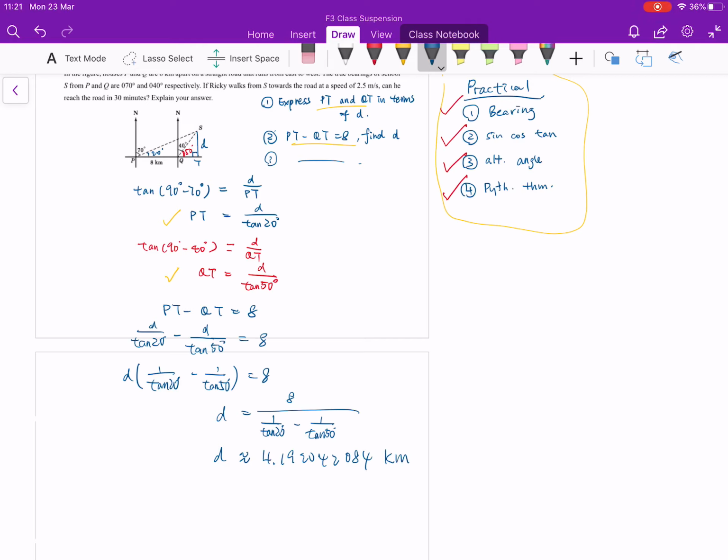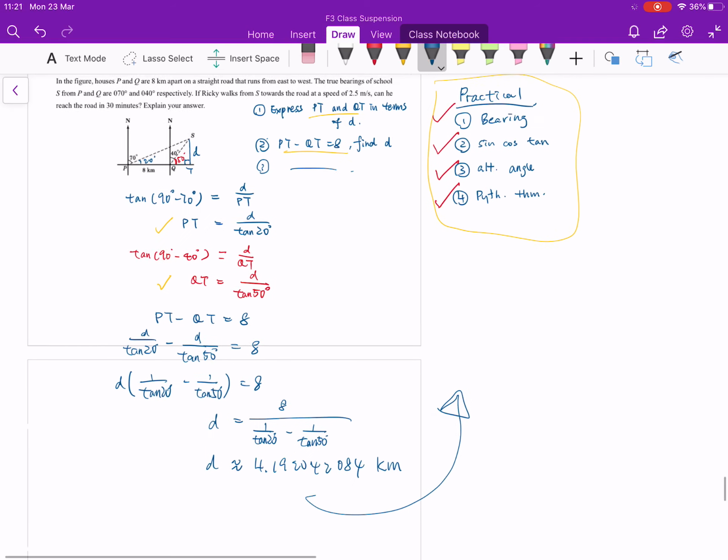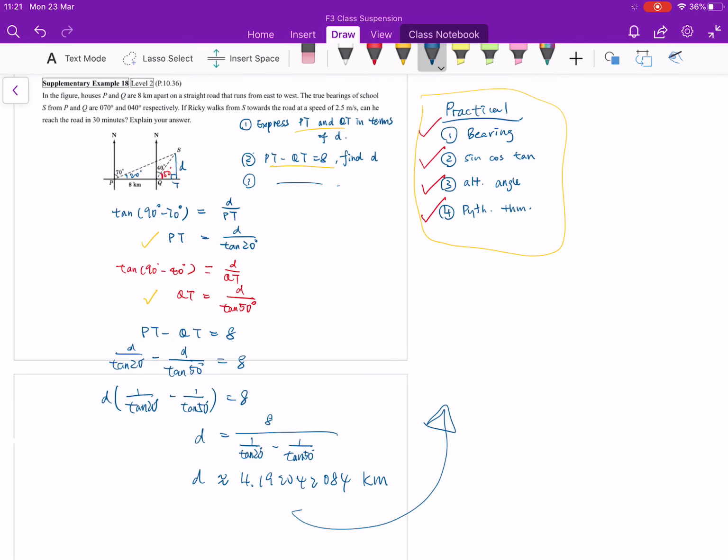Let me write the solution here. Okay, now you need to calculate the time that Ricky needs. So the time required is, be careful, one more difficulty here. The speed given here is in the unit of meter per second, but the distance you have here is in the unit km, so you need to convert to the correct unit first.